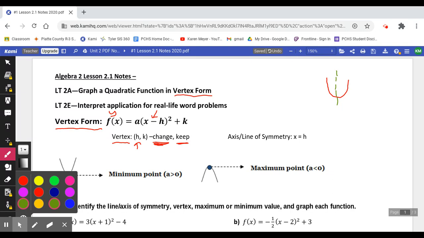And this lovely little dotted line, that is what we call the line of symmetry, or I like to call it LOS for line of symmetry. Line of symmetry will always be a vertical line, so that's why it says x equals. And then it'll always go through the x number of the vertex. So you'll notice that it just says x equals h.